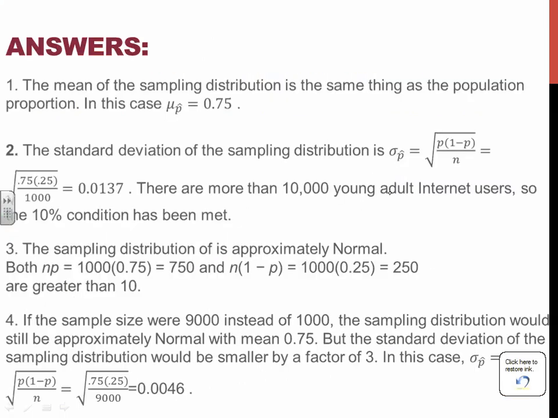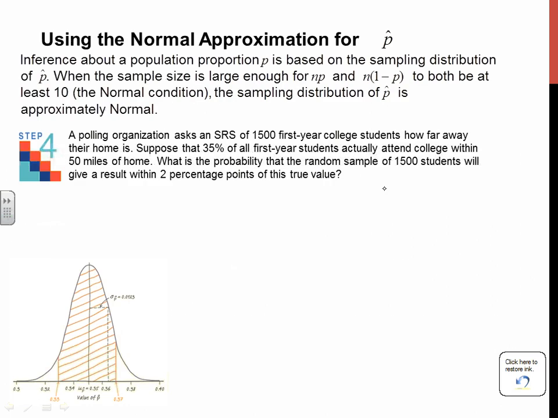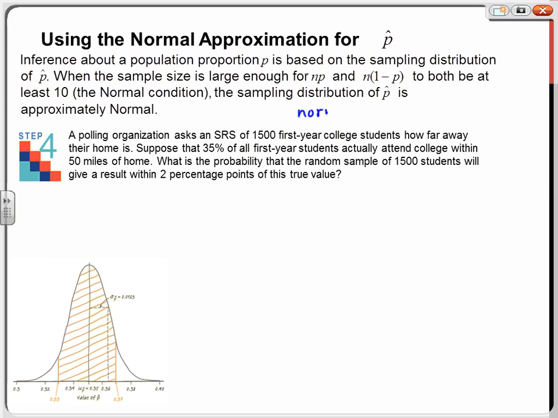All right, here we go. Using the normal approximations. Okay, so if we have all of those conditions met, we can do the normal CDF. If you remember, when we do normal CDF, you're going to do the start, the end, the mean, and the standard deviation. Well, you can't do that unless it's normal, first off.